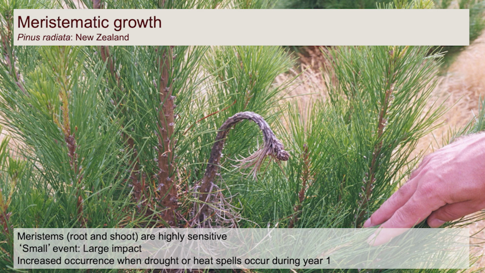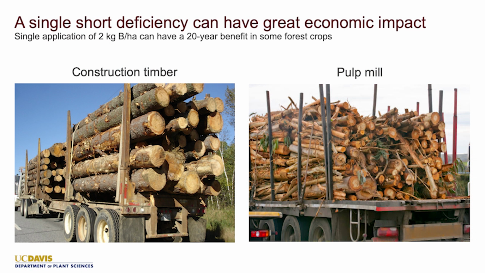Now, why this is particularly important in these crops is because the death of this meristem converts a forest plantation from the high value of construction timber that relies on long, straight stems to use of this material as pulp because of the high levels of branching.